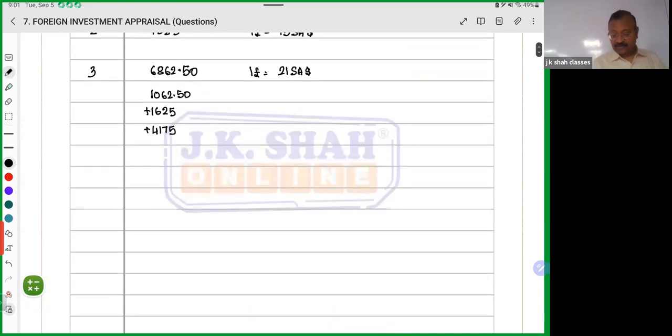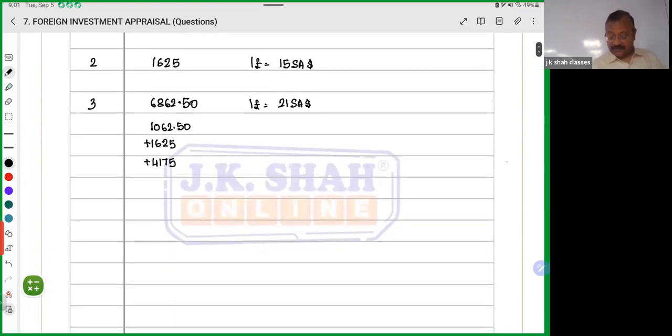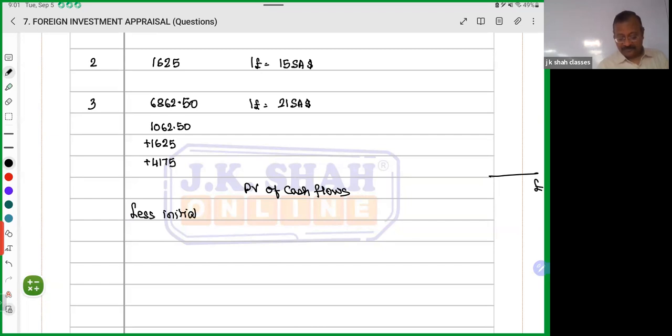You will convert all this, calculate the present value of cash flows in pounds less the initial cash outflow. How much is it?